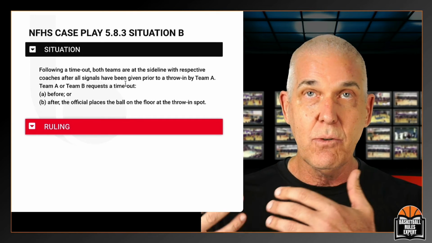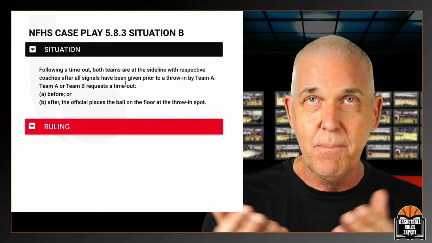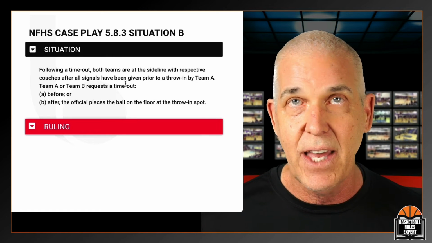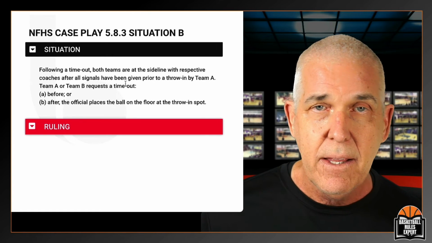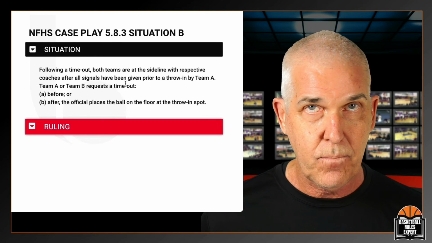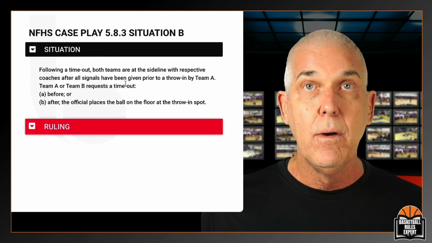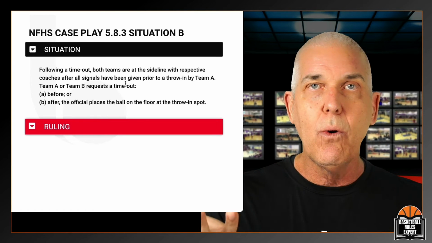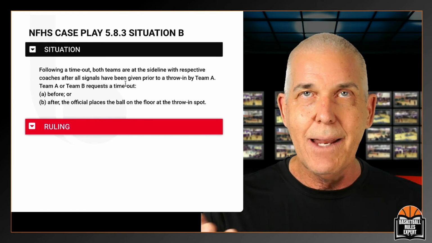So both teams have failed to make themselves available for the resulting throw-in. The official puts the ball on the floor at the throw-in spot. Right? So we need to know what that means.